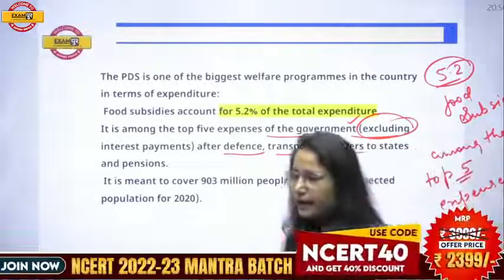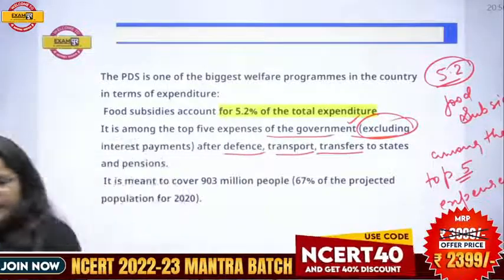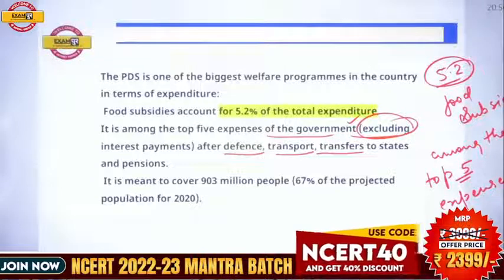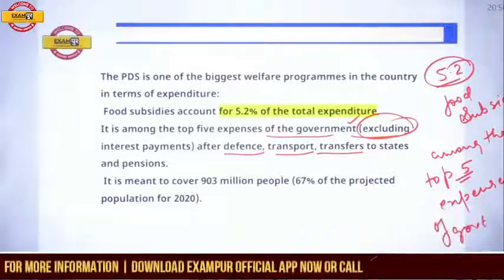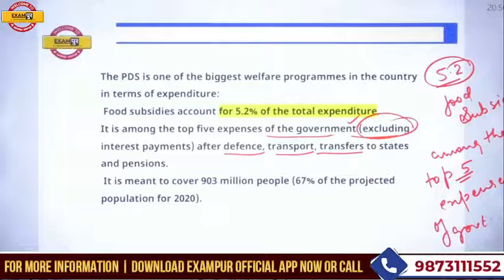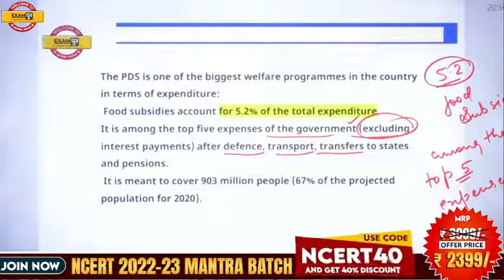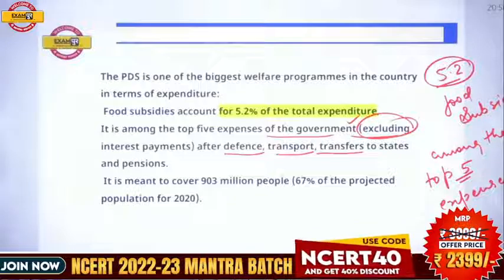After these, the government makes expenditure on the food subsidies. With 67% of the population coming under this category, PDS is literally playing a crucial role in the Indian economy.